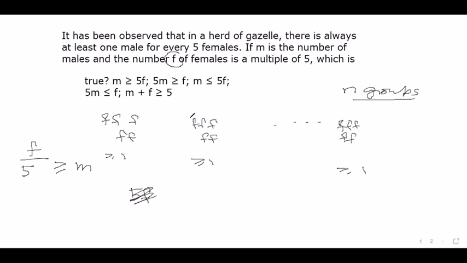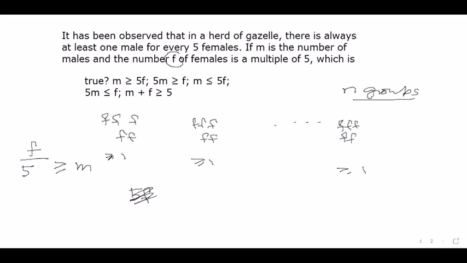Sir? Yes. Isn't there more males? Because there could potentially be 3 males for a group of 5 females, because it's only at least 1. Oh yeah, you are right. I'm sorry. There's at least one male. I should have noticed that. So the number of males is... okay, let's take some examples.